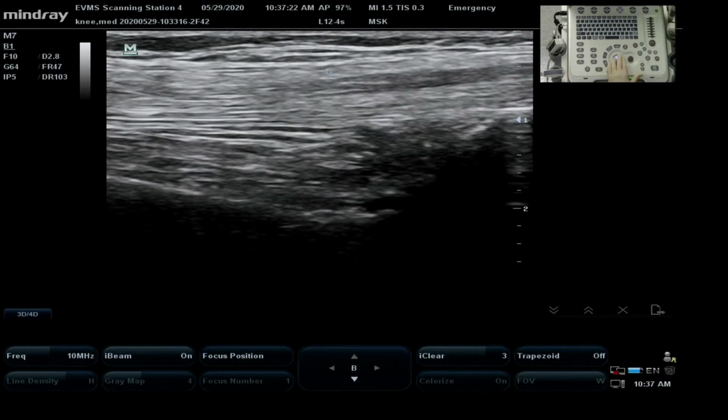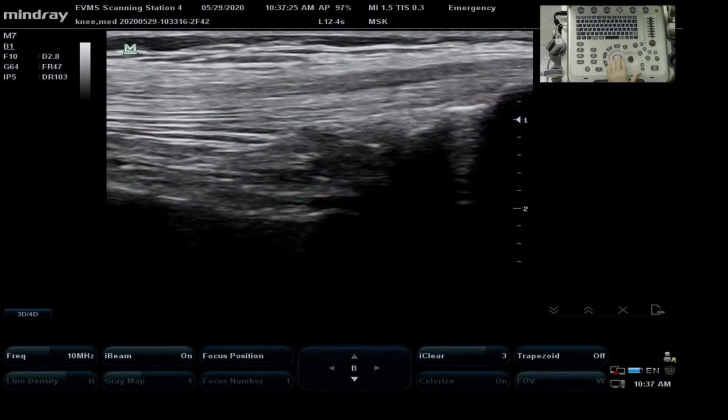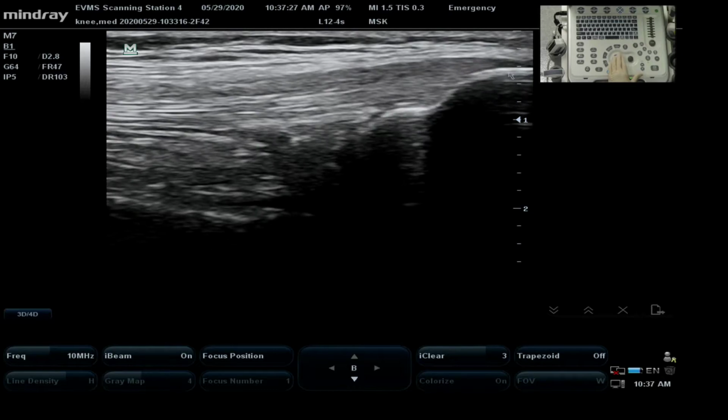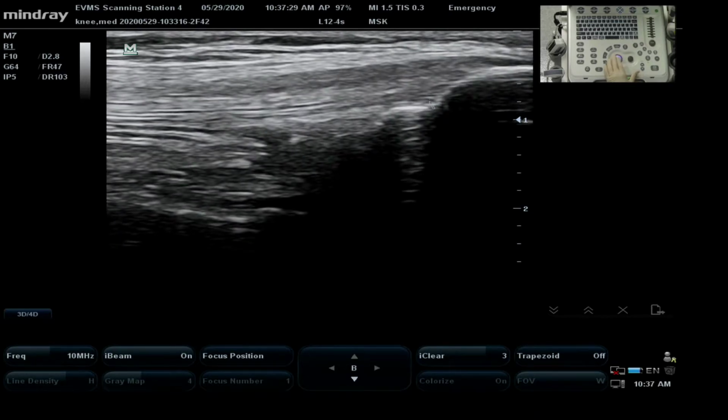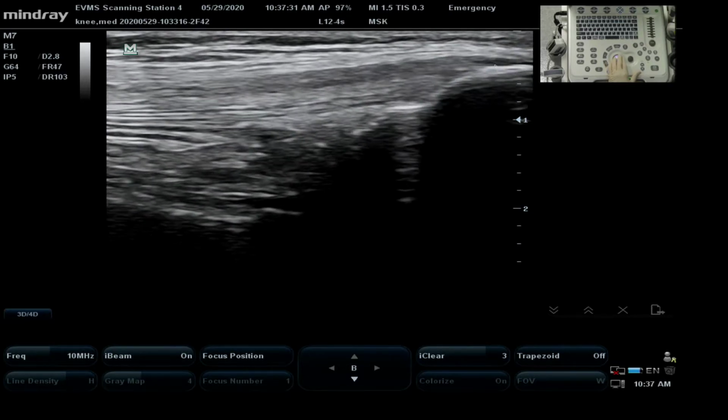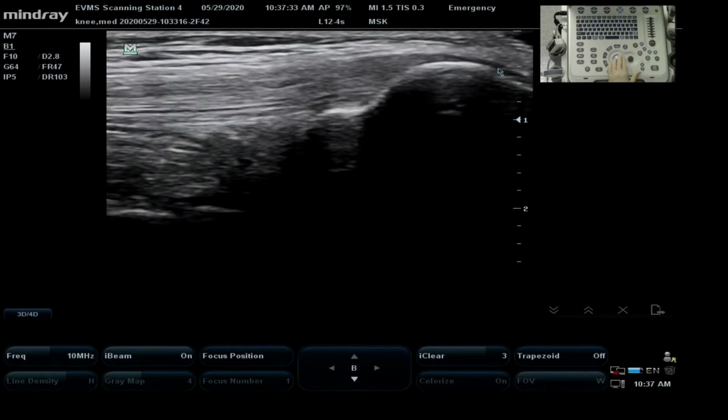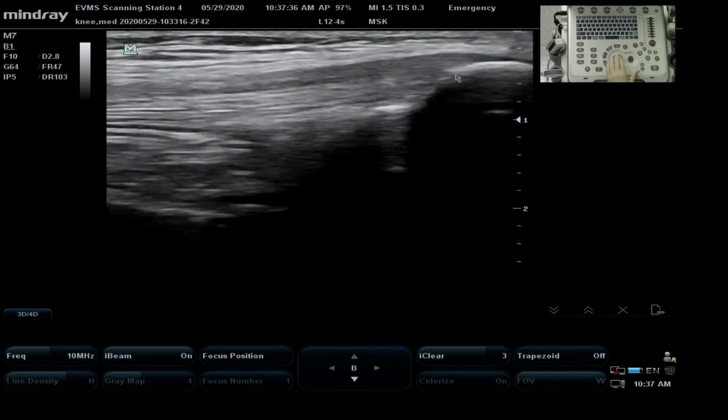All right, so here is our quadriceps tendon. Here is the cortex of the bone of the patella, and you can see that bird's beak attachment as it comes up over the patella.